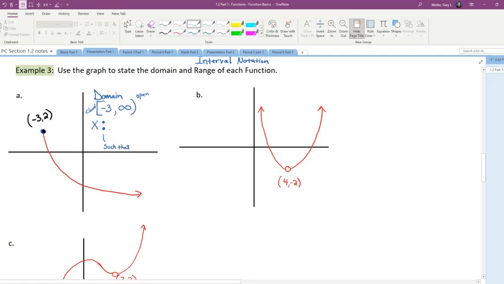All the x's such that x, and then this symbol is "is an element of." In other words, I'm describing which x's: the x's that belong to the set of numbers -3 all the way to infinity. This would be the best way to answer the question of domain.